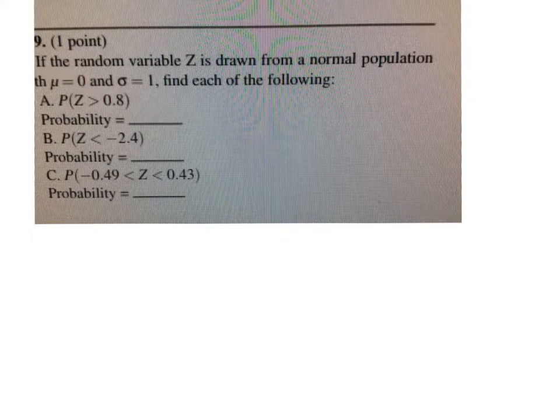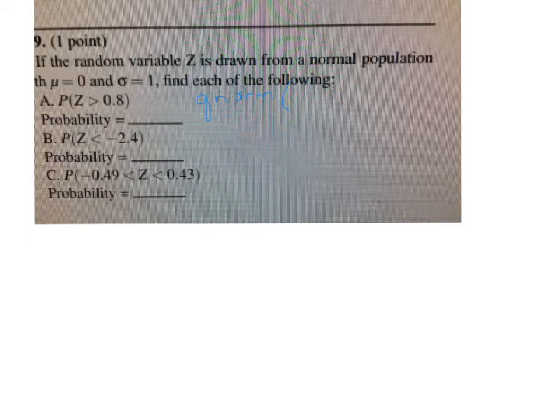With question 9, you again can use your q-norm and your p-norm in R, and it'll be a big time saver. They're giving you a normal population with mu equal to 0 and sigma equal to 1, and they're asking you to find the probability that z is greater than 0.8 in part A. In that case, you're looking for the right-hand side of the curve, so you want to use your q-norm there.